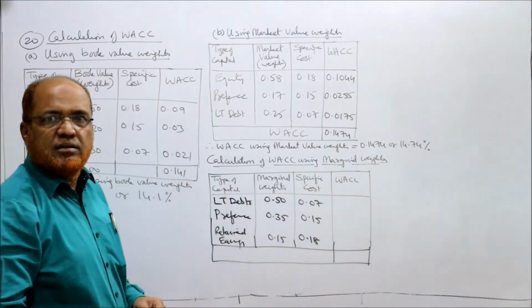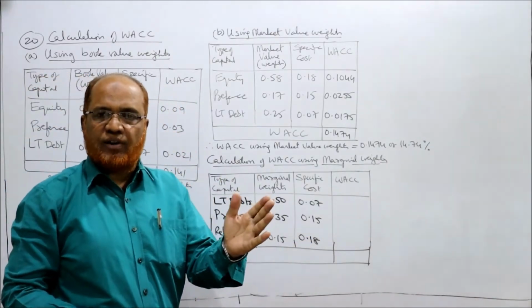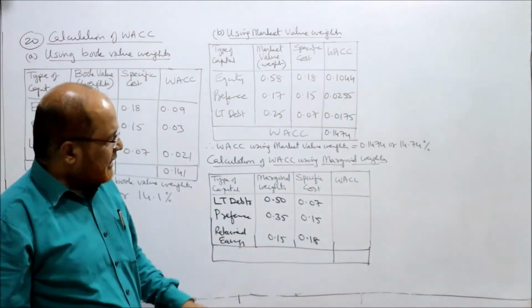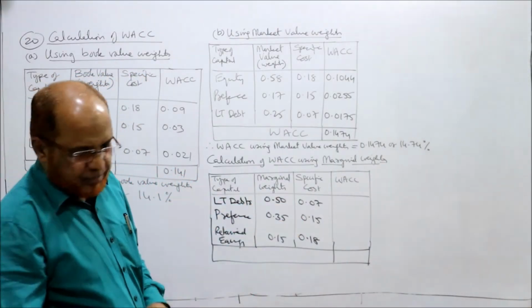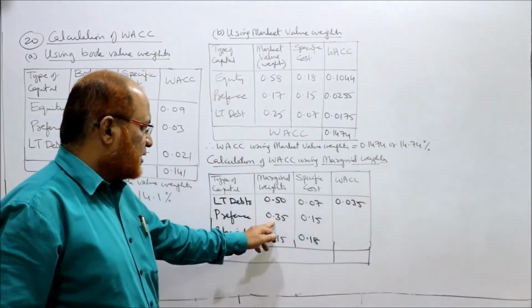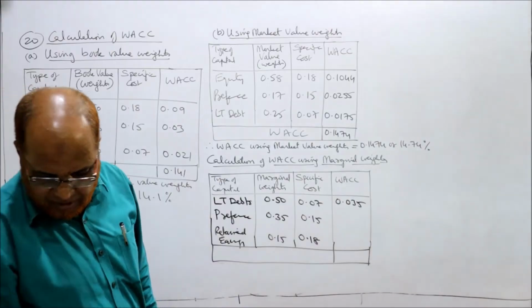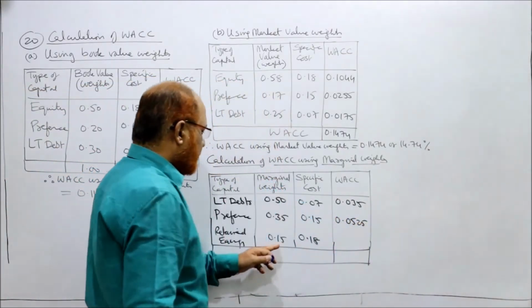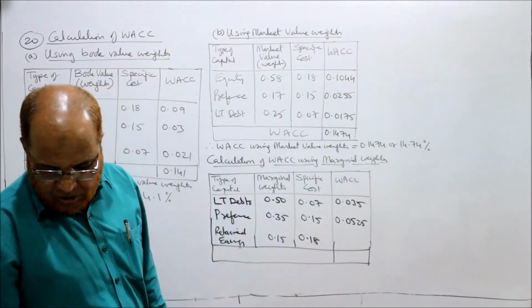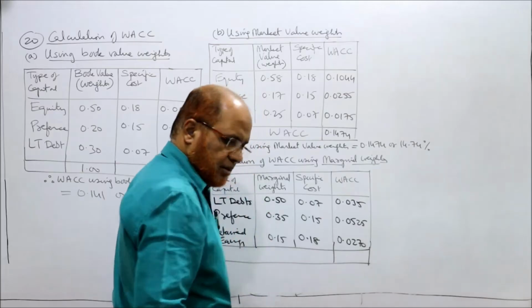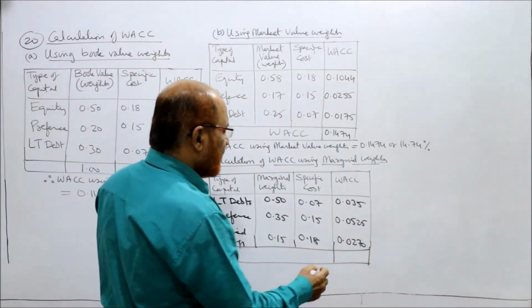We'll take 0.18. Then multiply 0.5 into 0.07, 0.035. Then 0.35 into 0.15, it is 0.0525. 0.15 into 0.18, it is 0.027. The total is 0.1145.